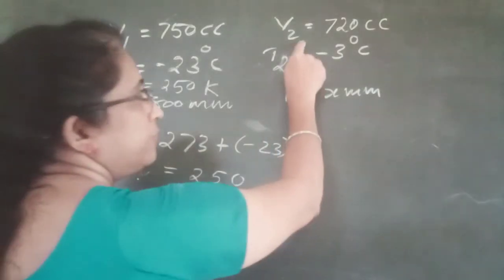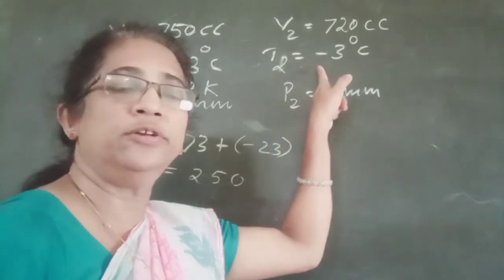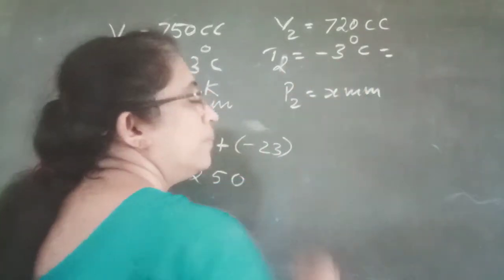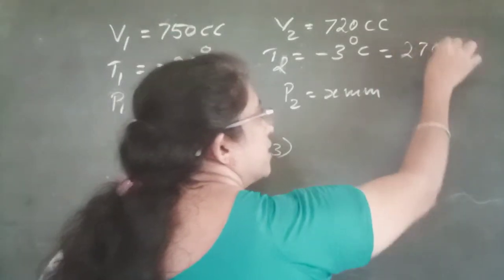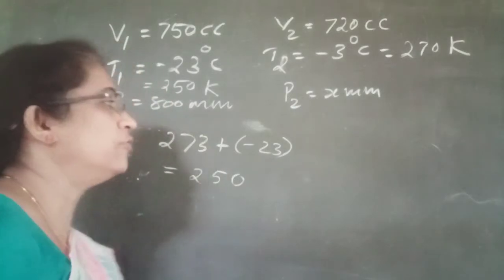Then the final condition: final volume V2 is equal to 720 cc. Temperature T2 is minus 3 degrees Celsius, which is minus 3 plus 273, equal to 270 Kelvin. P2 is equal to X millimeters of mercury.